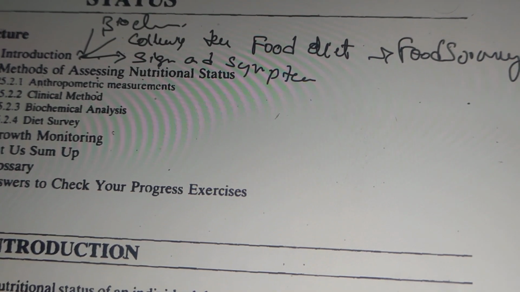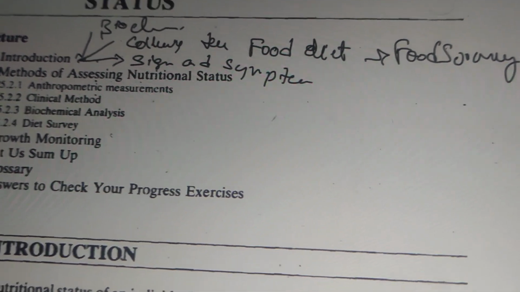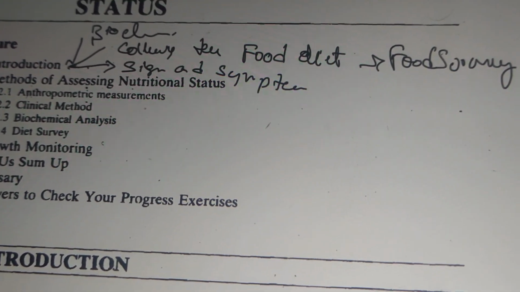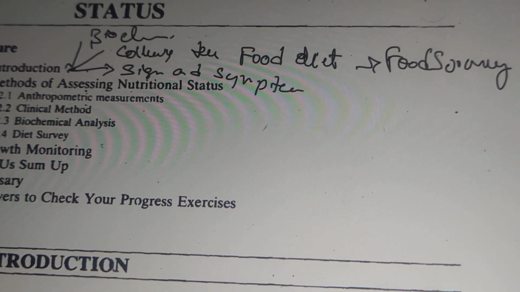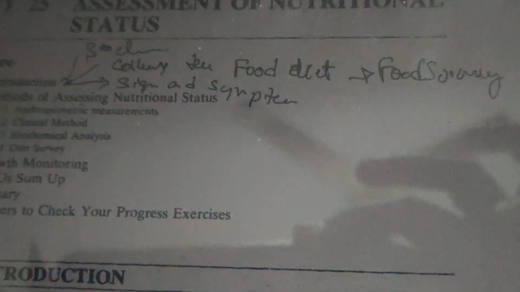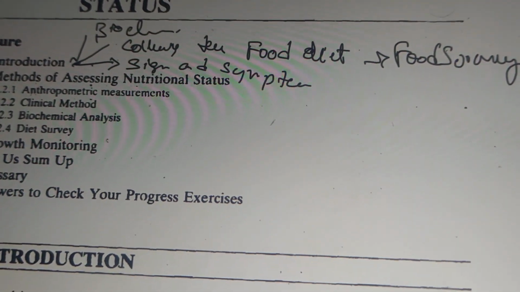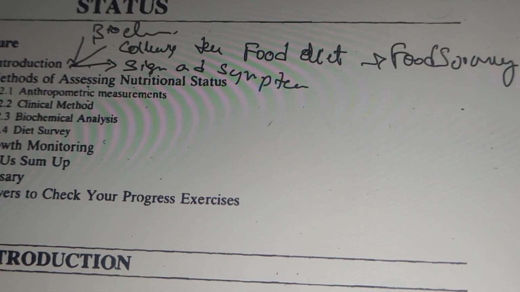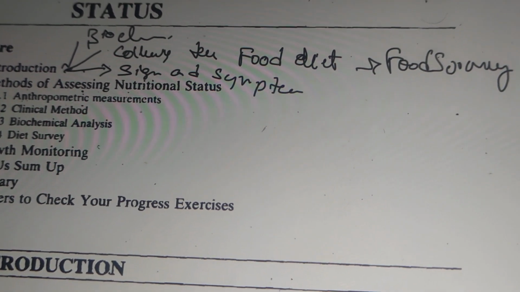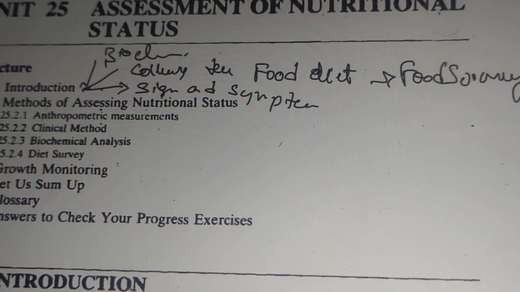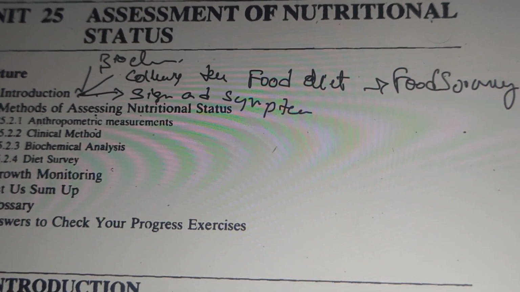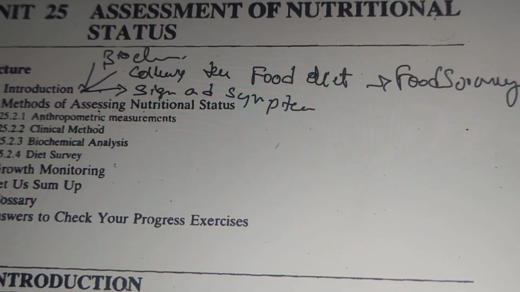In the same way you will do a urine analysis to check the thiamine levels. Like that, there are different tests to be done, so that you will understand the level of nutrition in him. Like doing the calcium test, blood serum calcium level, there are so many biochemical tests, right? So that is also one way how you can assess the nutrition status of that person.